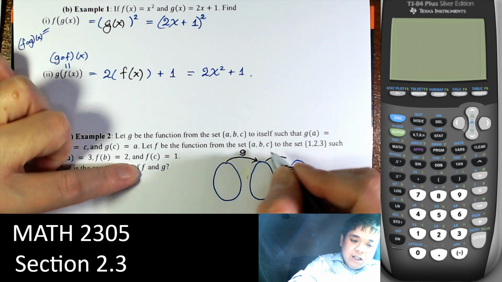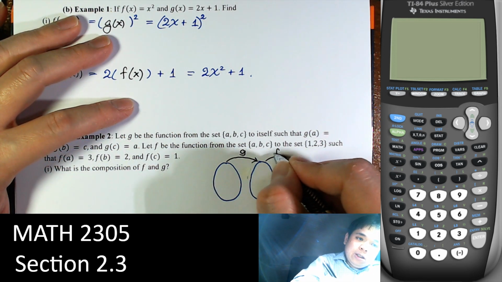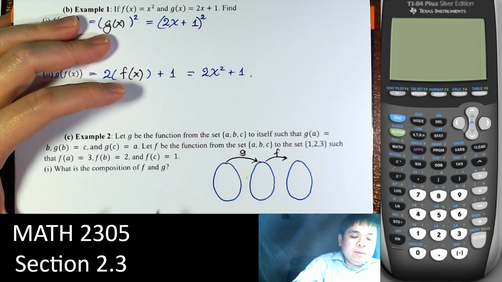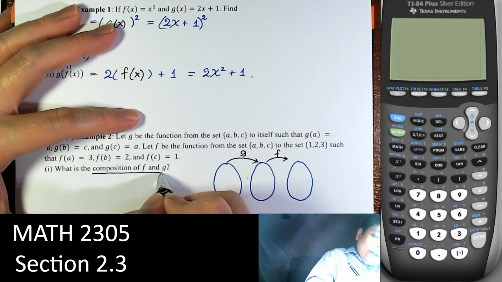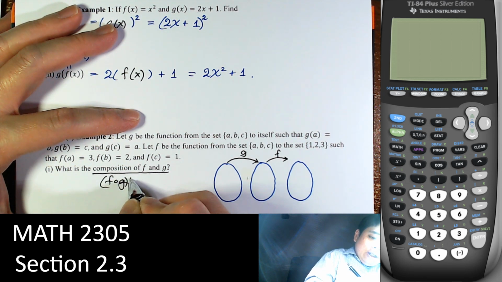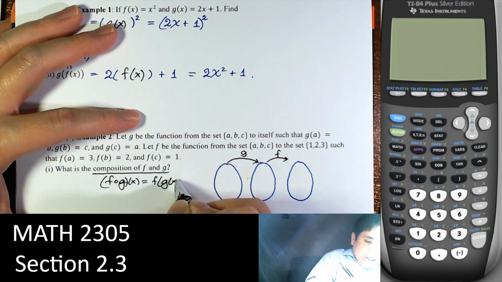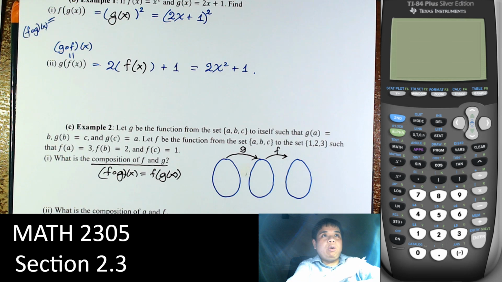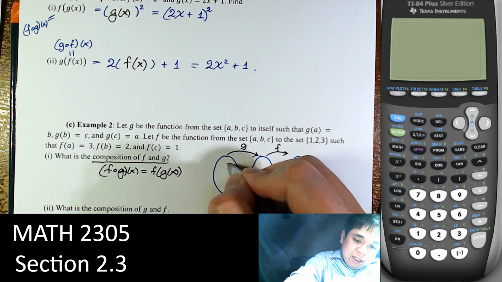So that is the combination of f and g, meaning f of g. This is what we were asked to find. Right, from function g, from ABC to ABC.